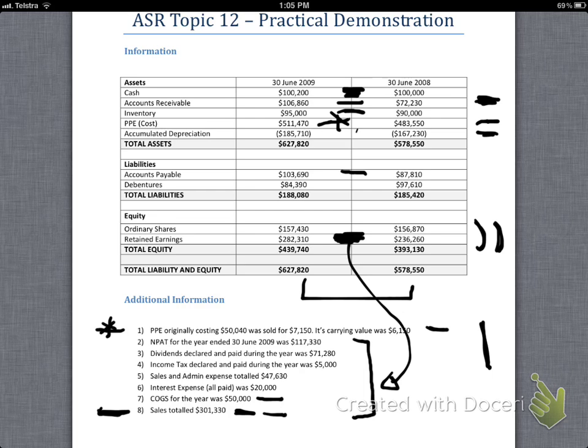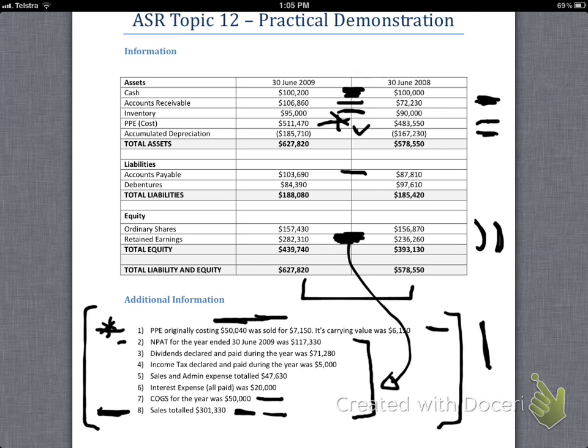So if you have a look down here, we've really got the income statement. We haven't told you what the depreciation is for the year, but if you've got net profit after tax, and you've got all the other expenses, well, most other expenses, you can probably work out what the missing depreciation was. And that, together with the accumulated depreciation relating to the sold asset, would help you explain the accumulated depreciation.